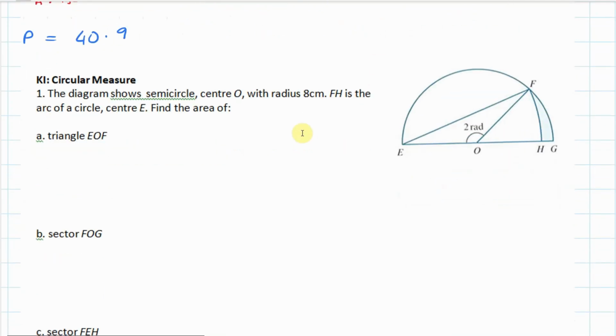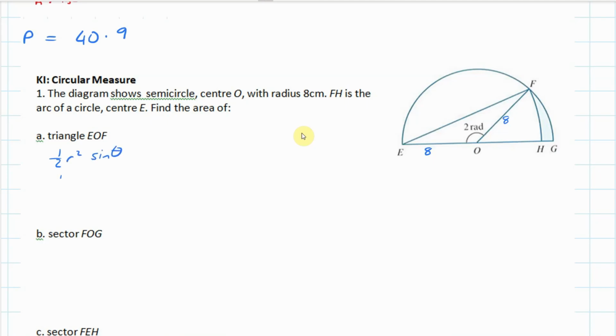Now, the next one here, I've got this diagram showing a semicircle, and it's got a radius of 8. So this is 8 here, this is 8 here, as you can see. Lovely. Oops, there goes the calculator. Dear, dear. Okay, now we've got to find the triangle EOF. So the area is going to be half r squared sine theta.